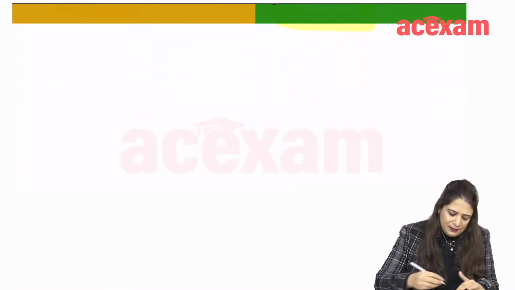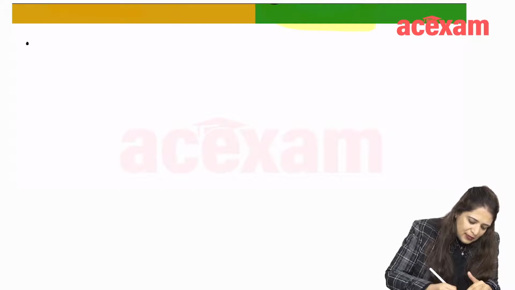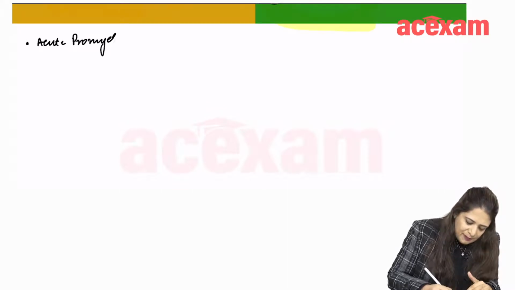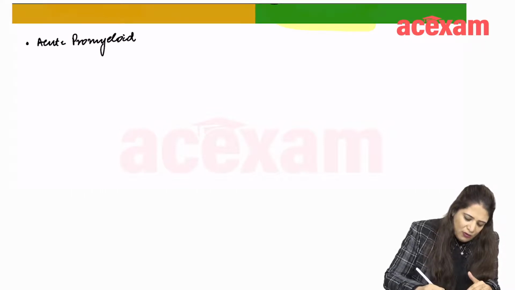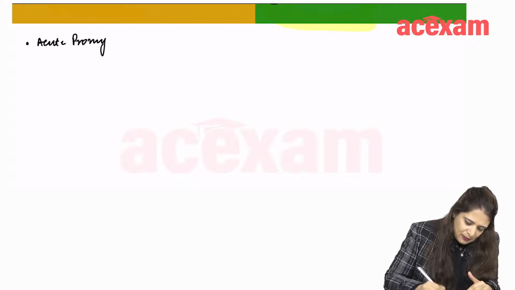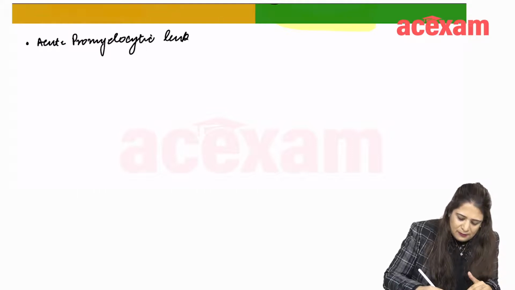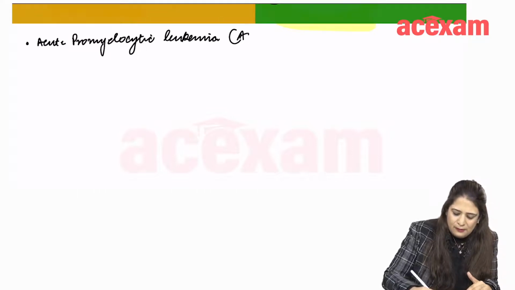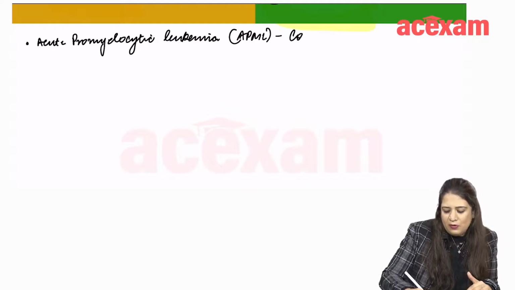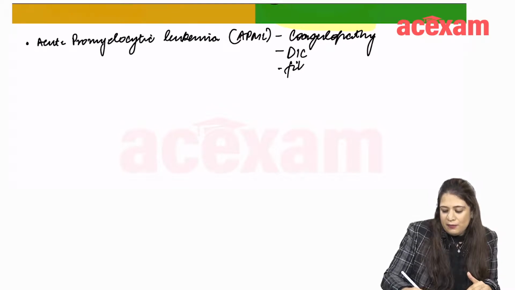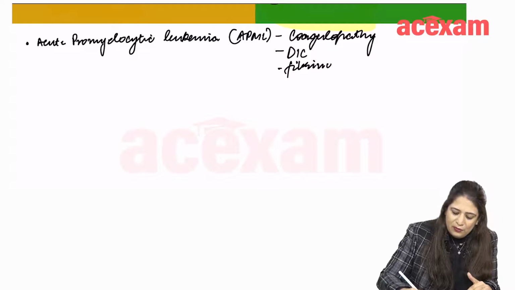And this APML, acute promyelocytic leukemia, generally presents with coagulopathy, DIC, or due to excessive fibrinolysis.